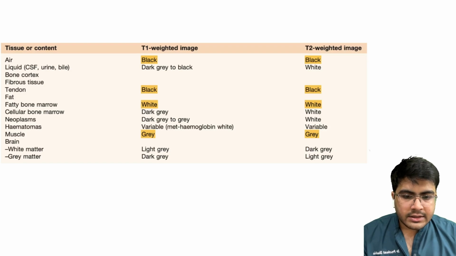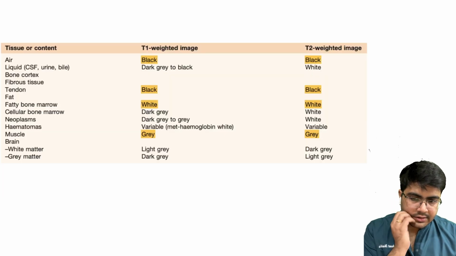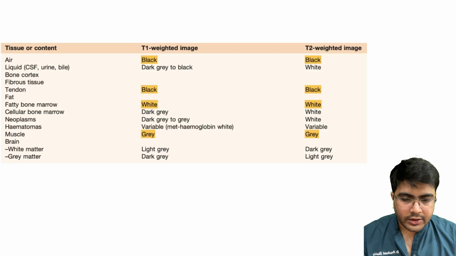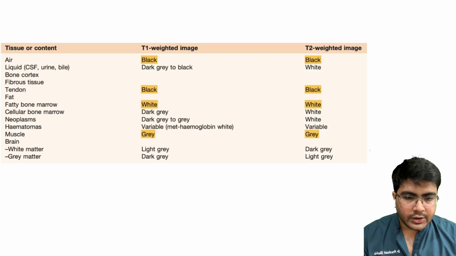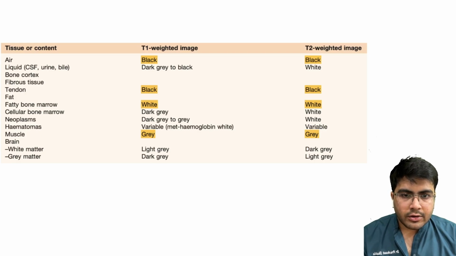The next thing is clearly describing how the structures look. We know what looks similar on T1 and T2, so now we need to look at what looks different. Liquids like CSF, urine, or bile look dark gray or black on T1 and white on T2.